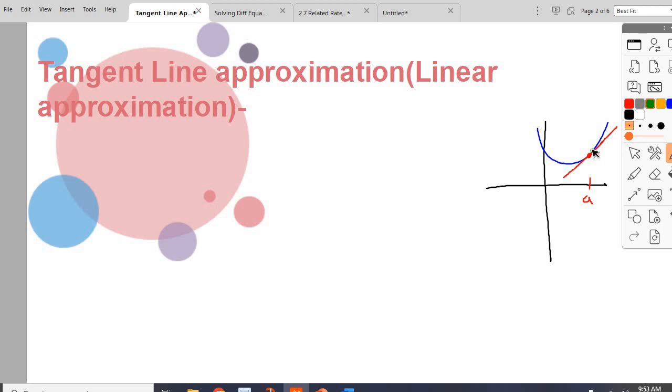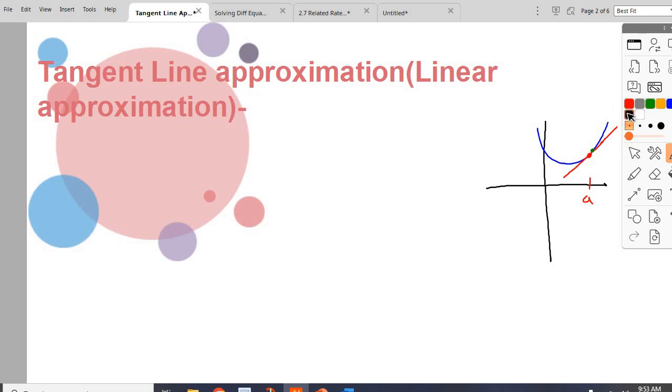Now, if my A value was at 2, 2.1 is going to have a pretty close approximation. If I try to approximate 4, that's not going to be super great. So most of the time, we're going to approximate things that are close to it.